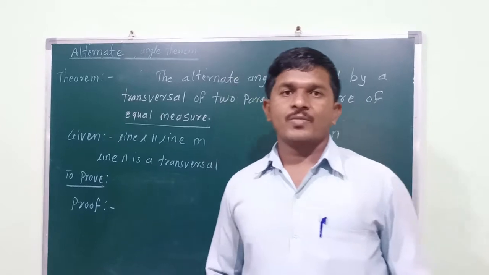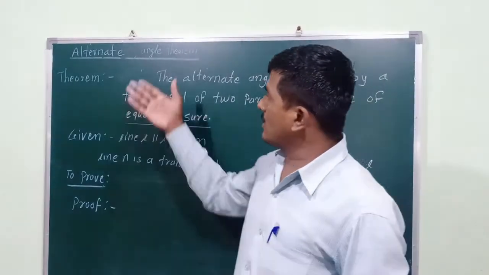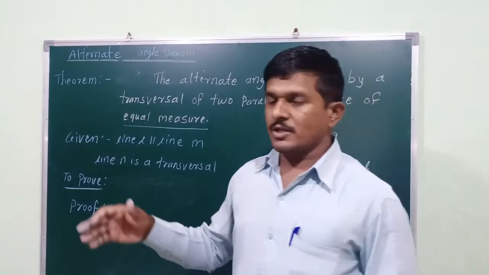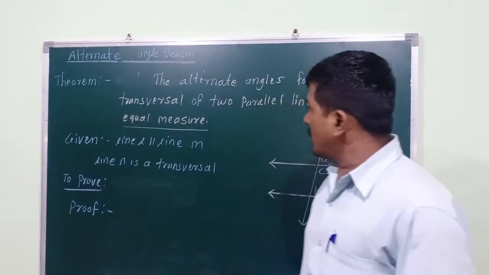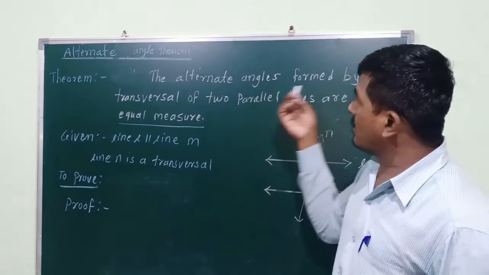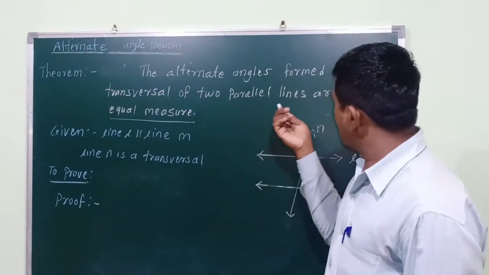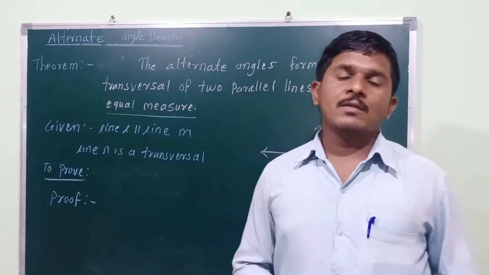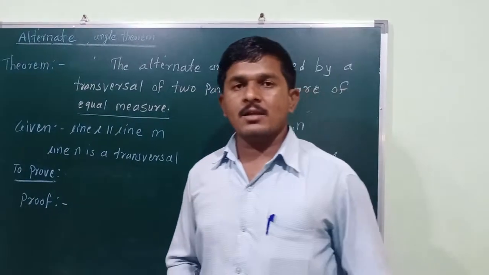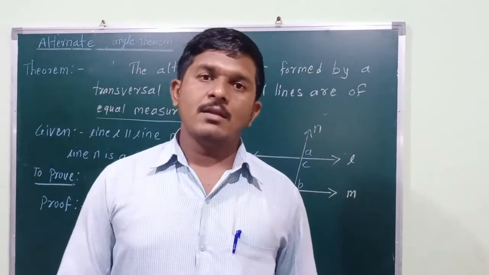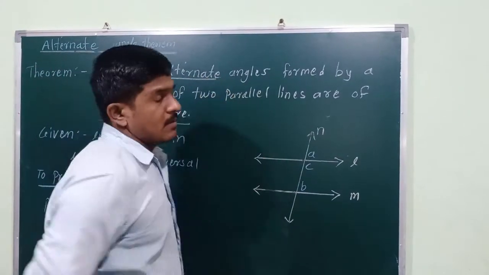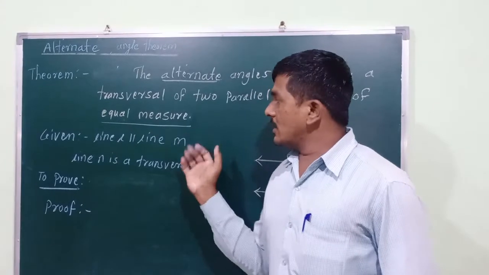Next, we study the alternate angle theorem. The statement is: the alternate angles formed by a transversal of two parallel lines are of equal measures. In the previous theorem, the corresponding angle theorem, there were corresponding angles, and in this theorem there are alternate angles.